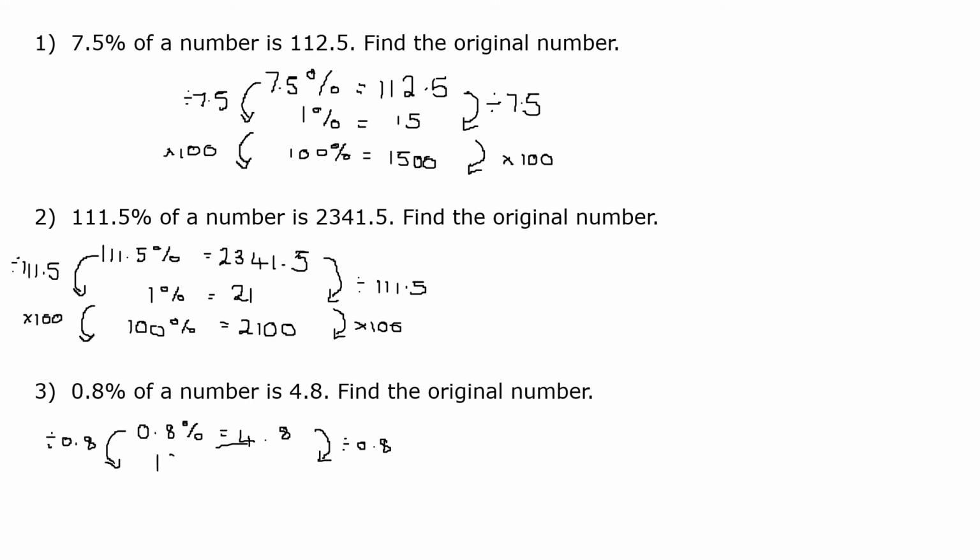That's going to give me 1% is equal to 6. And then I'm going to multiply both sides by 100. And that will give me my original number, 100% is equal to 600.